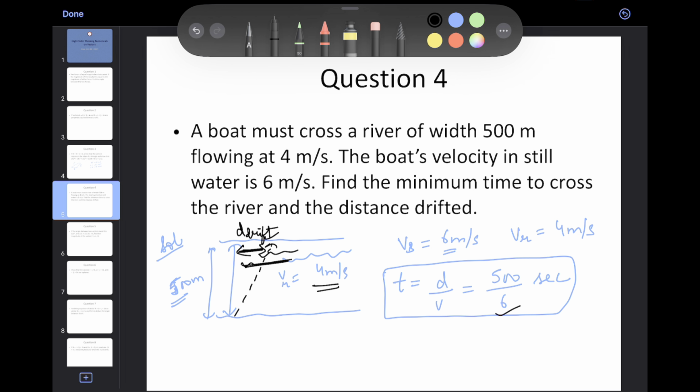So you can calculate it by using the time taken by the boat to cover from this to this, and this velocity, so you can get this distance. So distance is V into R, that is 4 into 500 by 6, so it should be 1000 by 3 meters. Okay, so this is the distance.